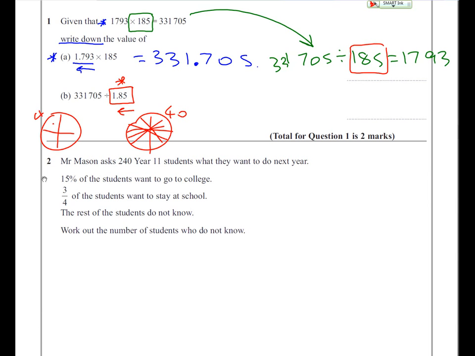That's because the number that we're dividing by got smaller here. So we compare to what we did before, and instead of moving the decimal point 2 to the left, we're going to move it 2 to the right. $79,300. So that's question 1 done.